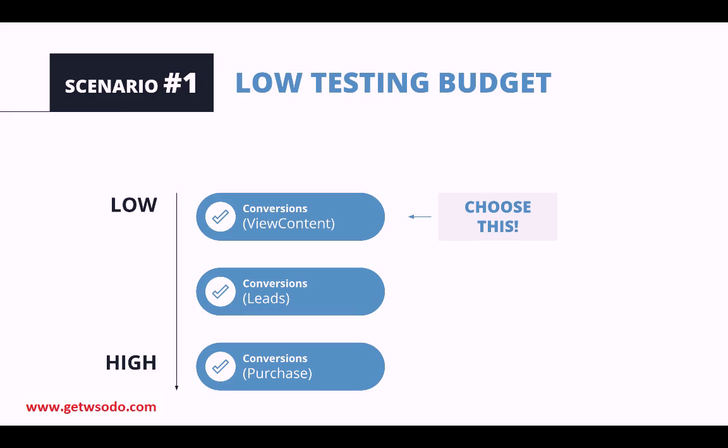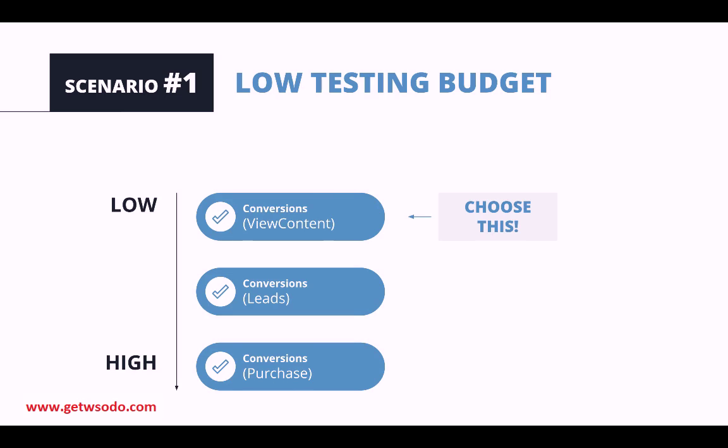And the view content pixel is probably what you want to optimize for if you have a very, very low testing budget, okay? The reason why, let's say that you want to test something with $10 a day, right? And let's say that the affiliate offer pays $30.